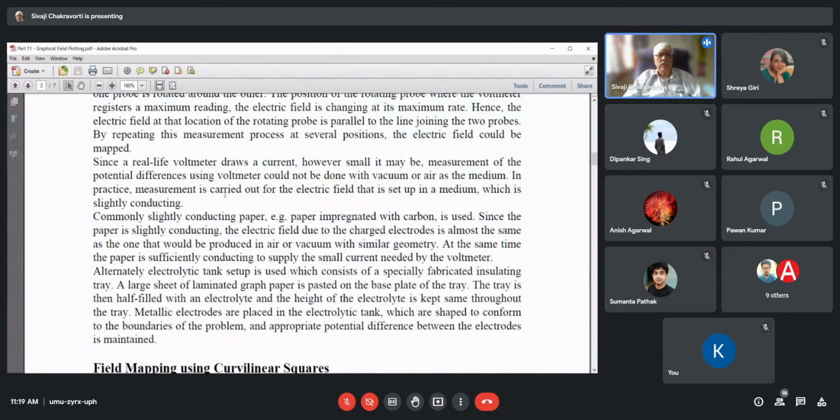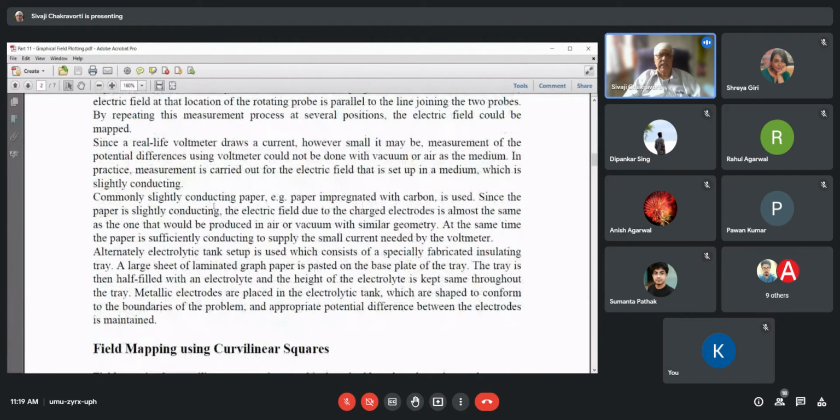Now, why do we use a slightly conducting paper? There is another reason which is also explained here. If it is an ideal voltmeter, naturally no current flows through the voltmeter. But we all know that in a real life voltmeter, the voltmeter will draw some current.